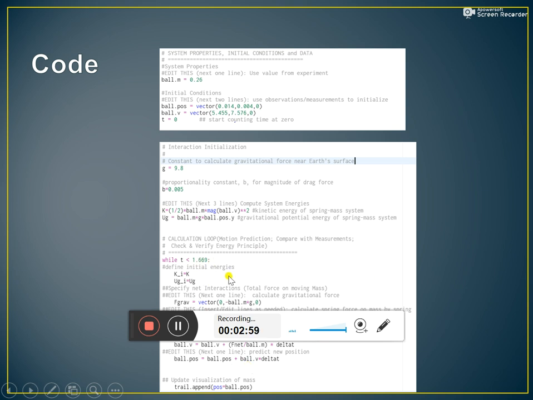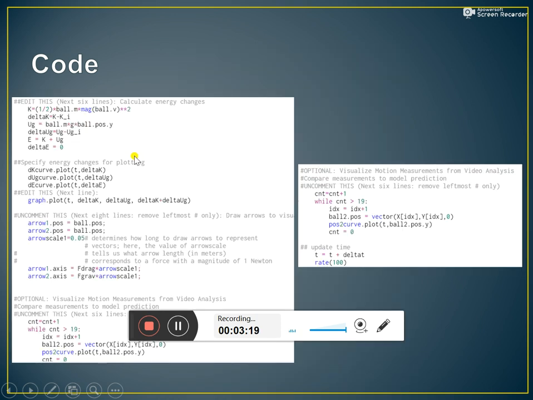And I defined the initial energies as the kinetic energy and gravitational potential energy, and then showed how to use gravitational force. And then these equations over here basically calculate the position and velocity of the ball at each time, and then also predict the new position, which you can see over here.